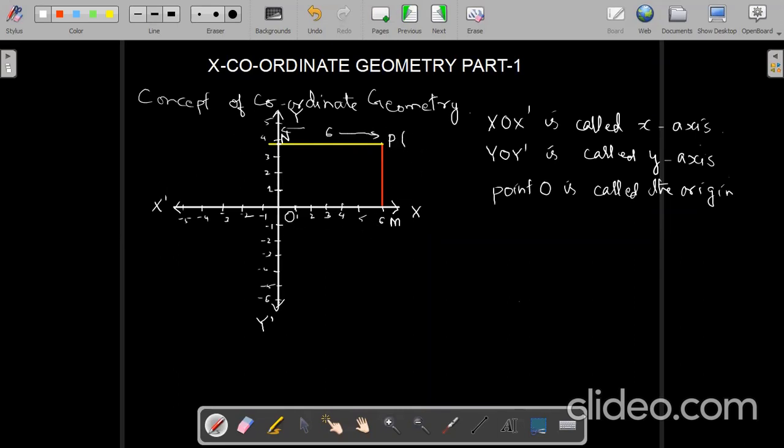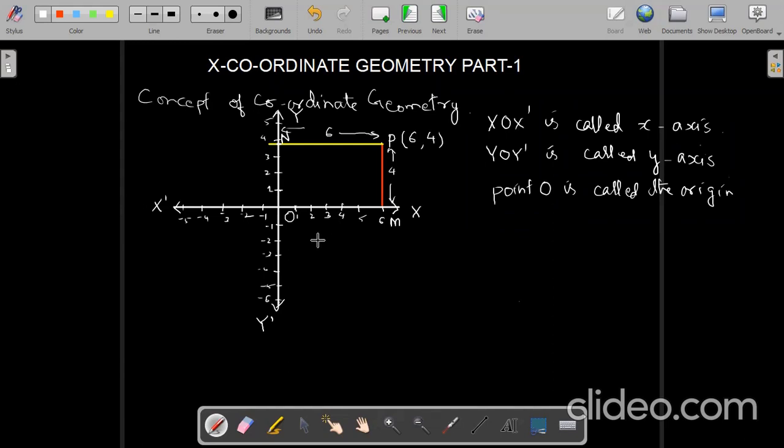So this distance is called its x-coordinate, and this distance, if you see on the y-axis, or the distance from the x-axis, this is 4. So this is called the y-coordinate.